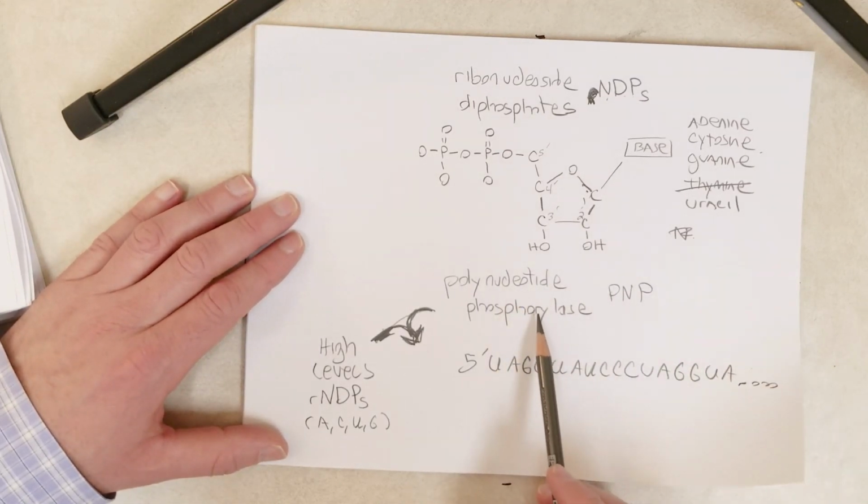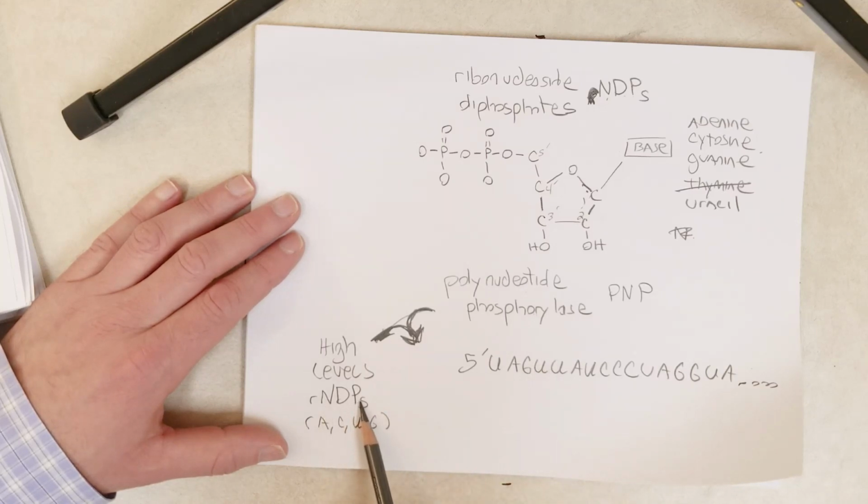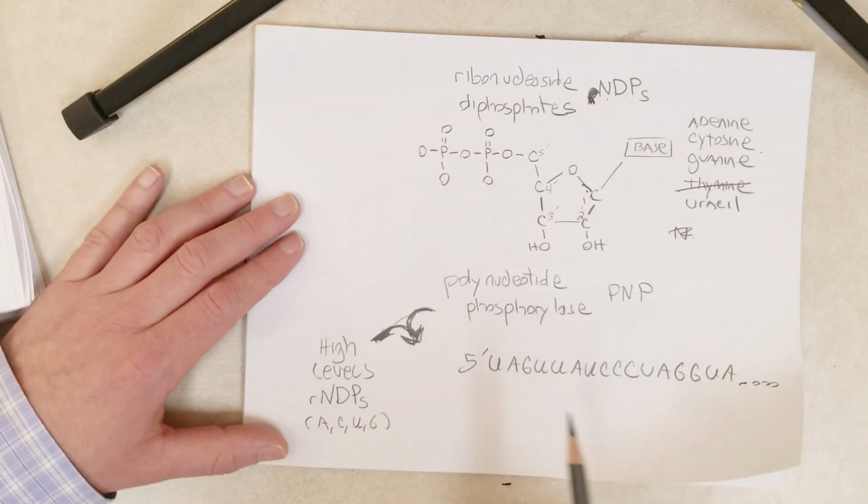What this enzyme normally does in cells is it breaks down RNA chains into RNDPs. And maybe when you take biochemistry, you can learn that enzymes can work in both directions. A lot of enzymes can. They can synthesize things, or they can break them down depending on the levels of products and substrates.